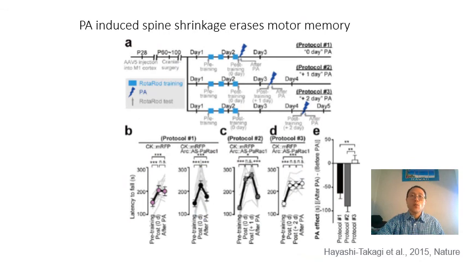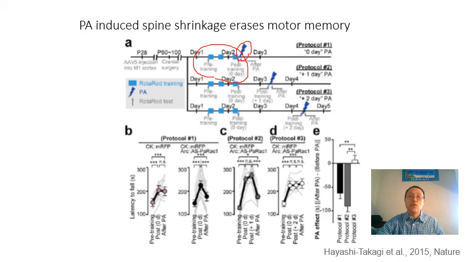Okay, so the next thing they wanted to do is make sure of how photoactivation induces dendritic spine shrinkage. How can they use this to erase motor memory? So what they did is they had the animals do certain motor training, okay, and then after they're done with the training, they use a photoactivatable RAC to basically erase these dendritic spines.